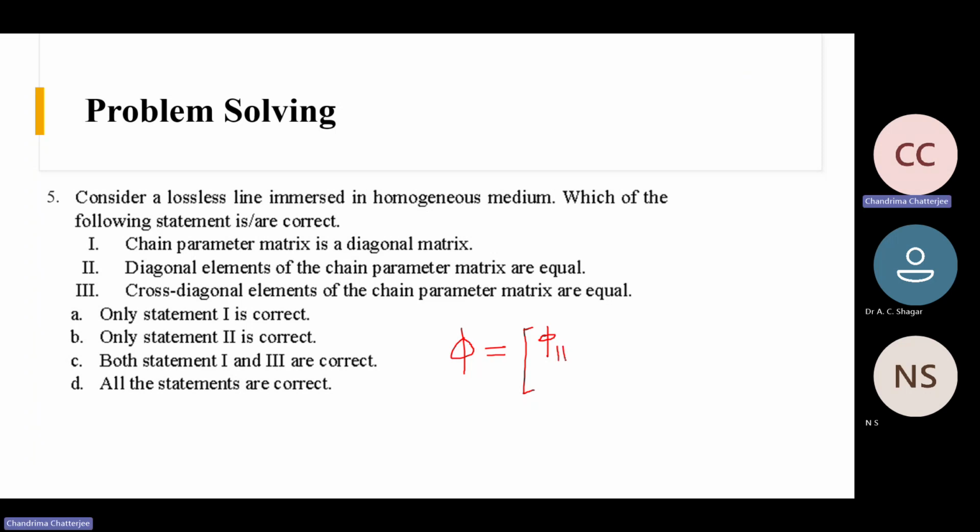Yeah, so chain parameter matrix is defined to model crosstalk.